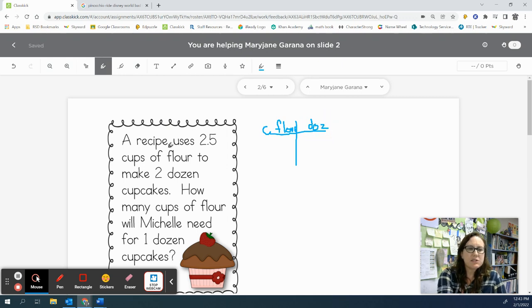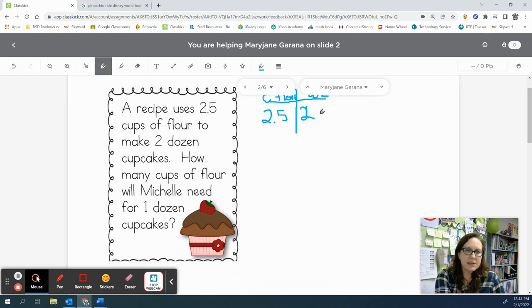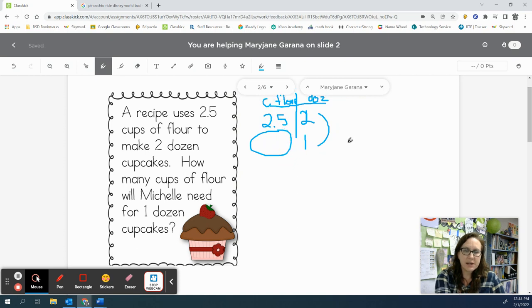So we know that this recipe uses 2.5 cups of flour to make 2 dozen cupcakes. How many cups of flour will Michelle need for 1 dozen cupcakes? So we need to find out how much flour for 1 dozen cupcakes.